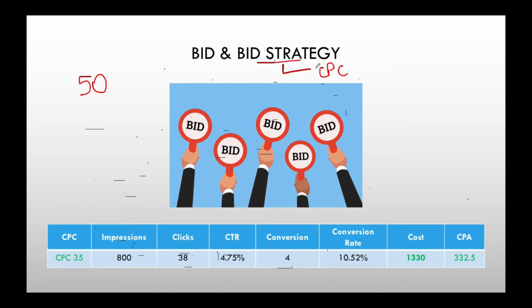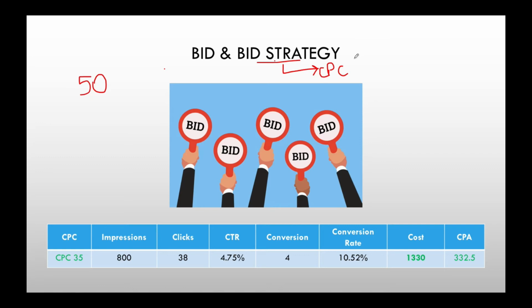Some people like to call it PPC. So this is called bid strategy. So I'm paying the network when someone clicks on my advertisement, not for showing the advertisement, but after showing, when someone takes an action on the advertisement, then I'm paying some amount to the network. Okay, so that is called CPC.